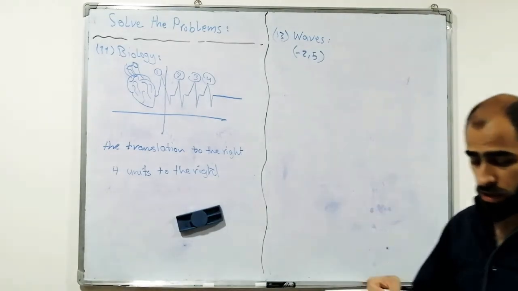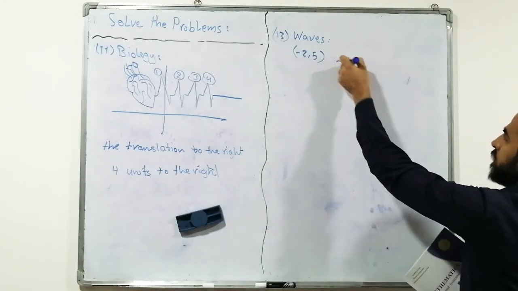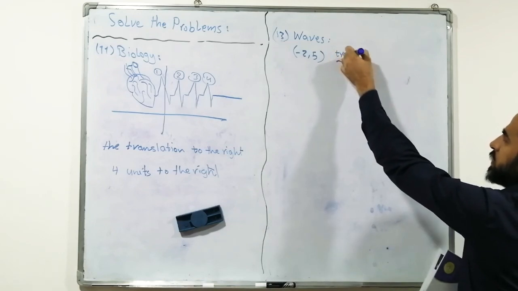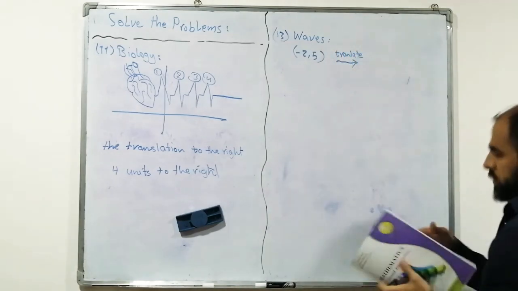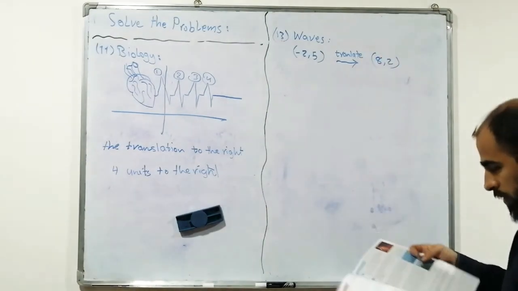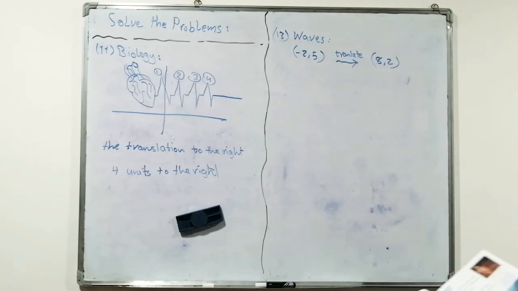If the waves move to a new position, the wave is translated, that means moved, to the point (8, 2). Calculate the magnitude of translation and the direction of translation.